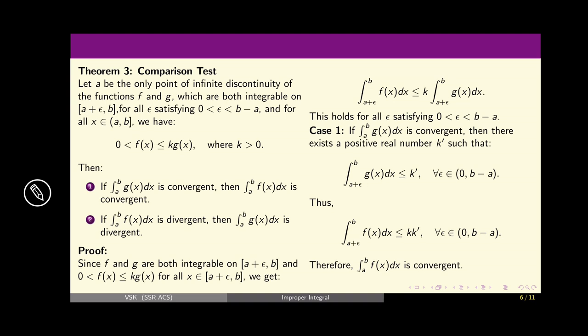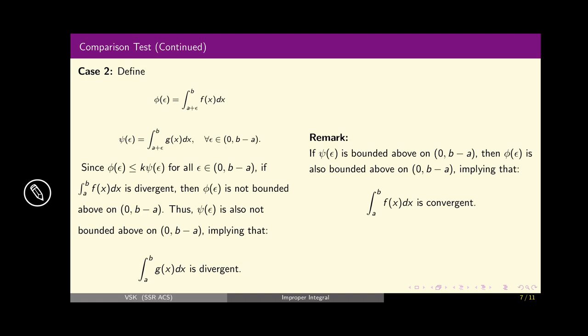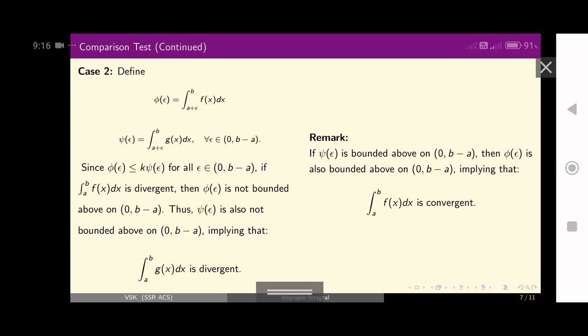Because we have this relation: the integral from a+ε to b of f(x) dx is less than or equal to k times the integral from a+ε to b of g(x) dx. So because of this relation, if the integral of f(x) from a to b is divergent, then φ(ε) is not bounded above.